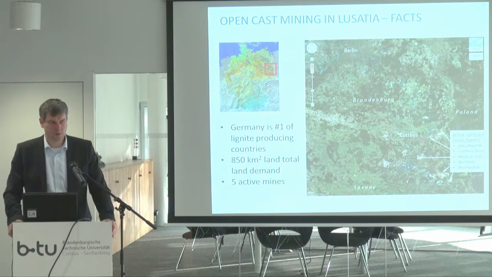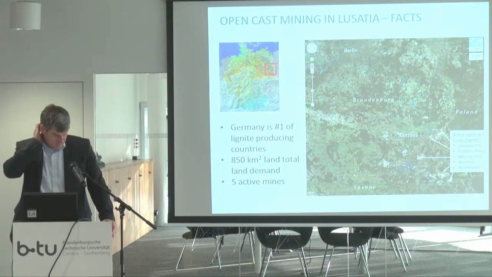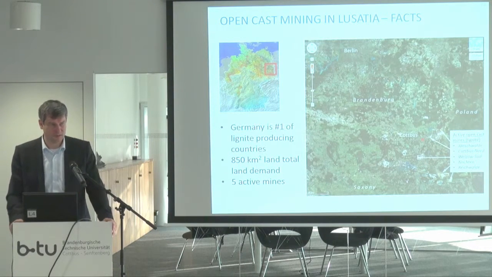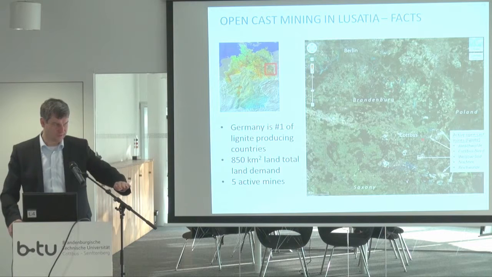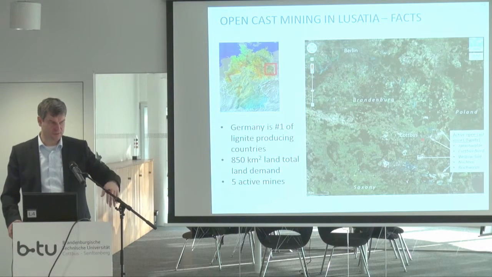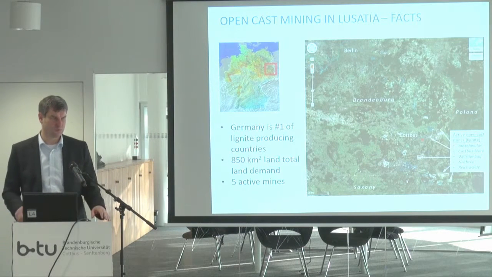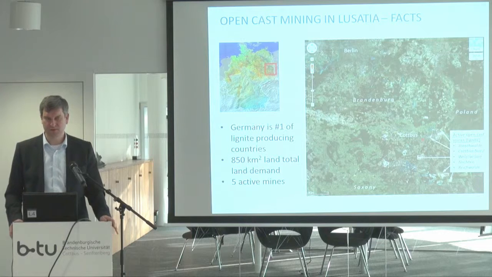There is a huge demand on land. So we just discussed this. The entire area affected by the mining is more than 2,000 square kilometers, and this area is defined by the groundwater lowering. This is open cast mining, and open cast mining means that if you want to get to the ore from the surface, you need to lower the groundwater, because the natural groundwater would be about 2, 3, or 4, 5 meters below the surface.